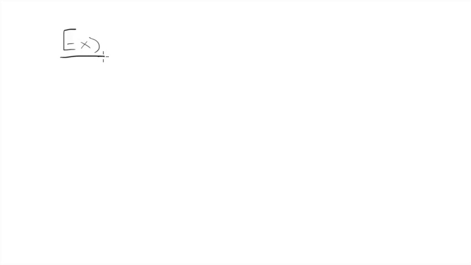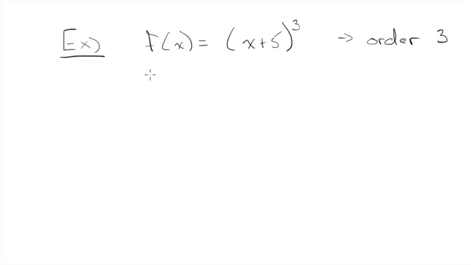Third example, f at x equals, say, x plus 5 all cubed. So here there's one factor which has order 3. We haven't actually seen an order 3 factor yet.